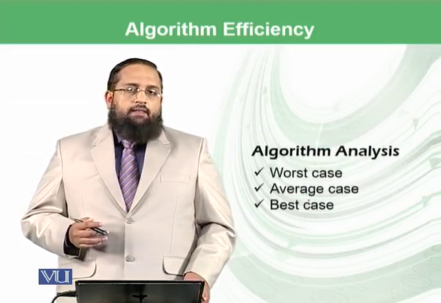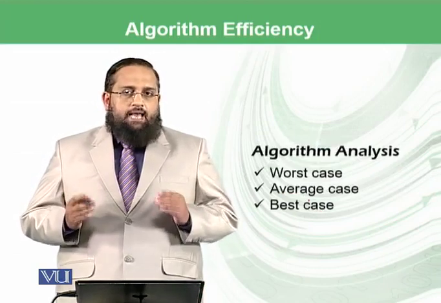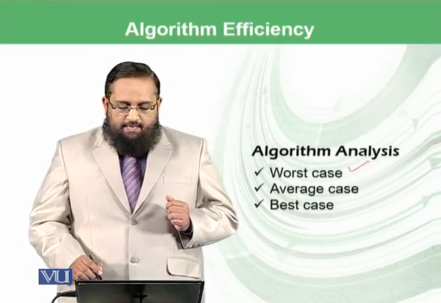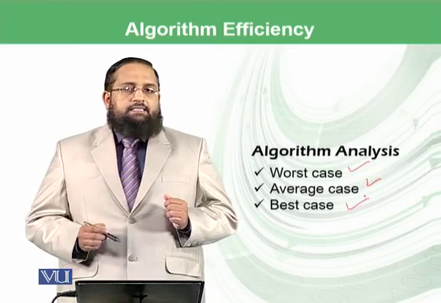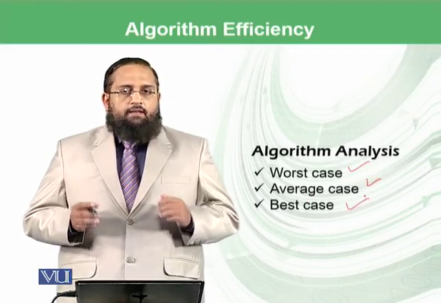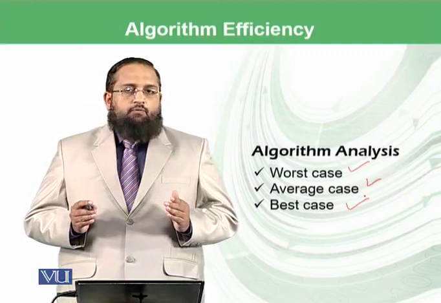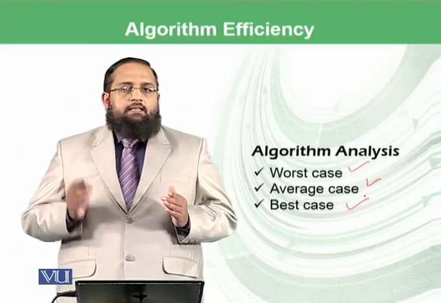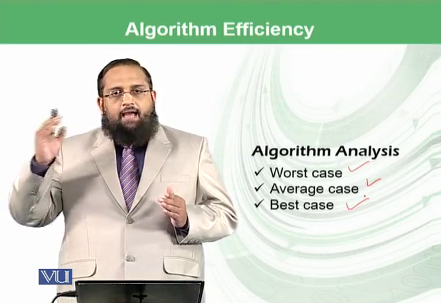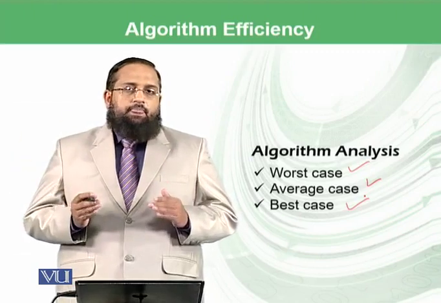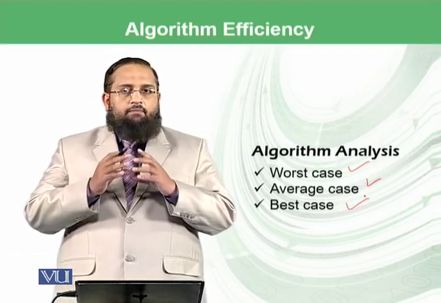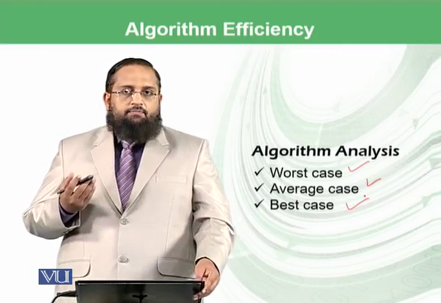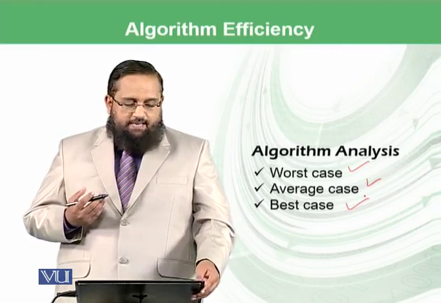Normally in computer science, an algorithm is analyzed in 3 scenarios: the worst case scenario, the average case scenario, and the best case scenario. In the example we have discussed, we have only covered the worst case scenario, which means the element is present at the end of the list. Let's see if the element is somewhere in the middle of the list, which is called the average case scenario.